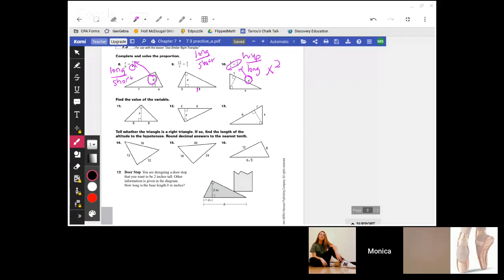Yeah, it's the long side of the small triangle. So then we're going to need the short side of the small triangle to go on the bottom. So do you see what number will go on the bottom then? Yeah, 3. And then you'll cross multiply and divide there. Does that help make more sense of it?